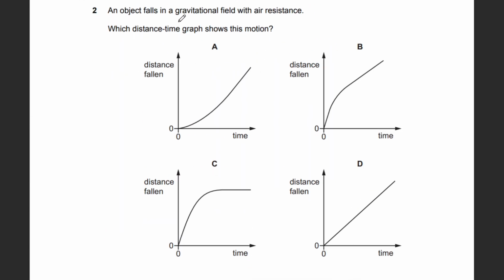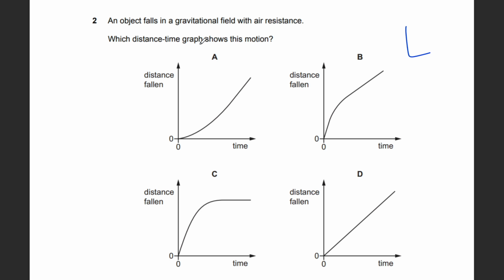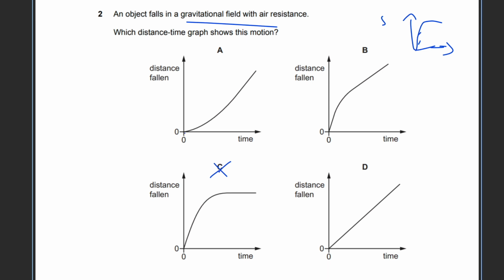An object falls in a gravitational field with air resistance. Which distance time graph shows this motion? We know that in that case, the speed time graph looks something like this. So C will be automatically out because this is speed, not distance. We can go through each graph to see whether we can get the speed time graph or not.